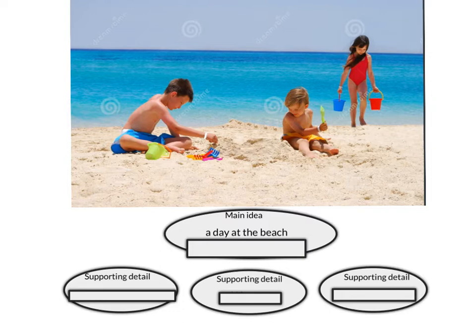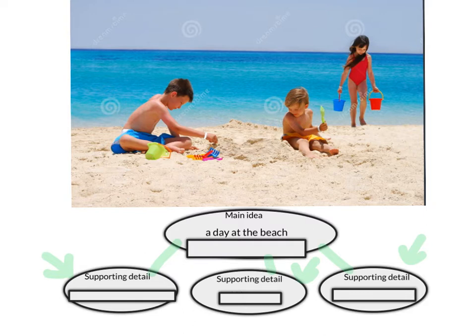Now, in order to make sure I have the correct main idea, I need to come up with 3 supporting details. So I'm going to use my graphic organizer here at the bottom, and I'll put the connector lines in, because the 3 supporting details need to be directly about the main idea, a day at the beach.